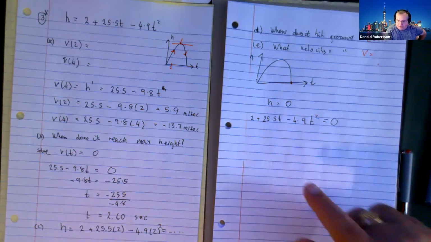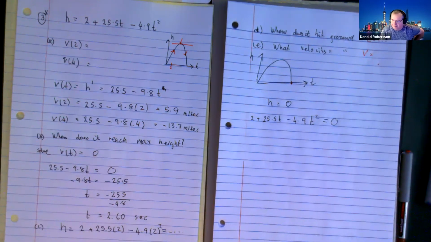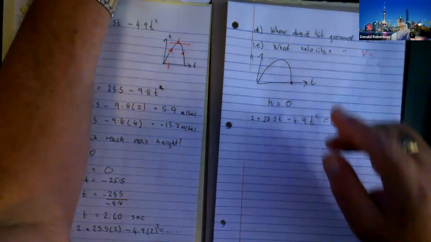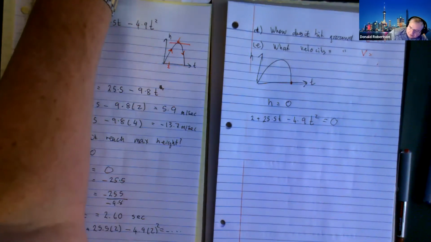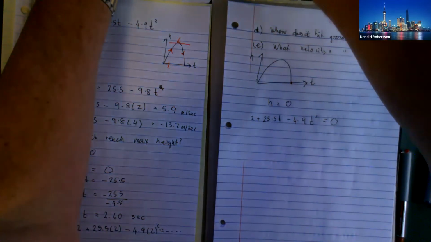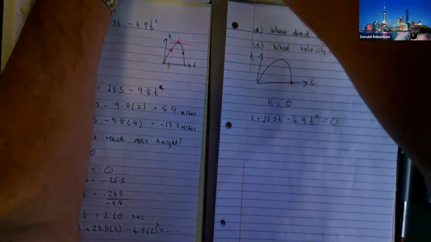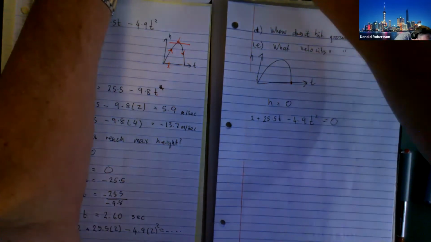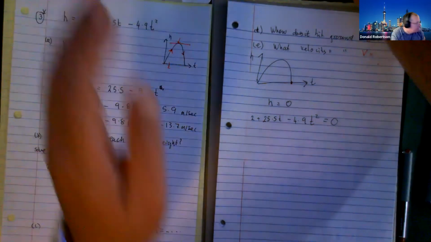Would you agree that's not a question that's going to factor? Another alternative would be, couldn't I use that horrible formula called the quadratic formula and solve it that way? But I'm not going to do that either. So how am I going to solve it?